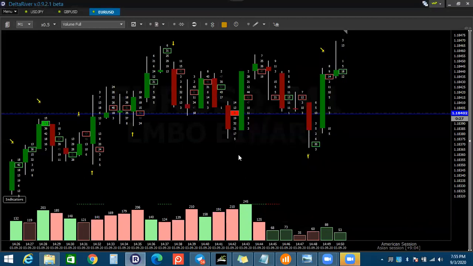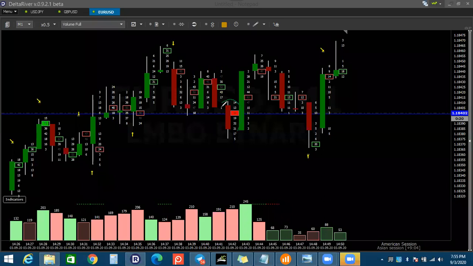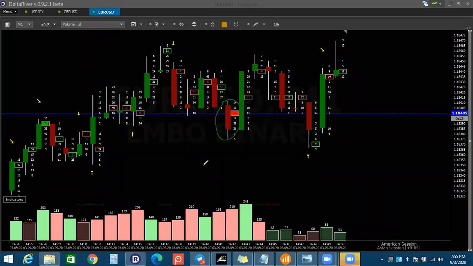So look at this candle. Is it a break bar candle or a pushing in direction candle? Pushing in direction. Okay, good.